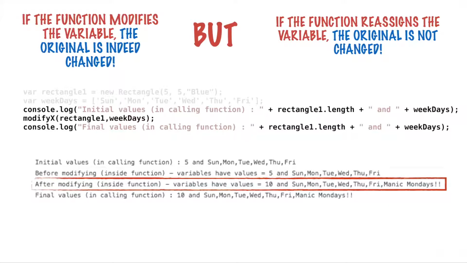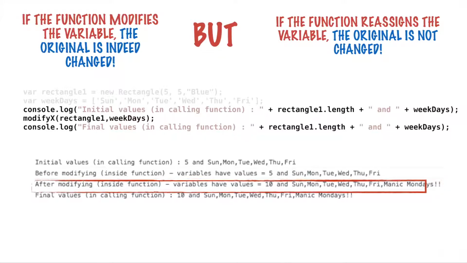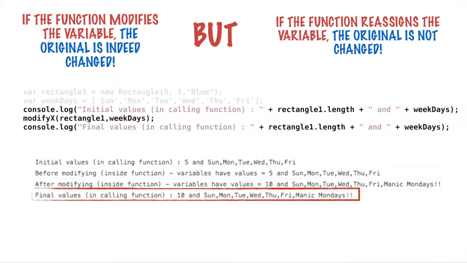And finally, when we return from the modify x function, go back to the calling function and check the value of the rectangle length and the weekdays array, you'll find that the rectangle length has been updated to 10 even in the original object. And as for the array, Manic Mondays is still present at the end of the array even in the original array.